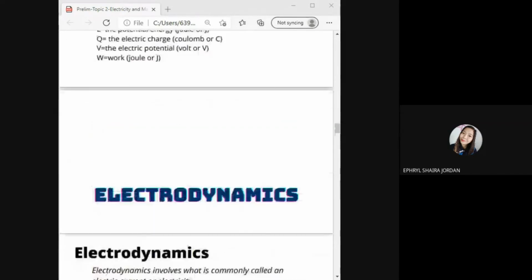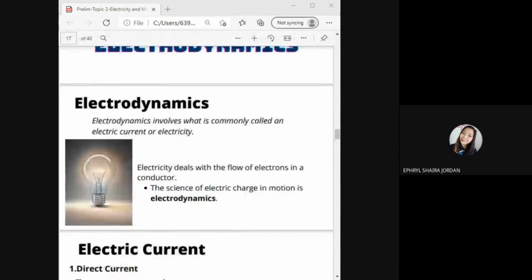Electrodynamics. Electrodynamics involves what is commonly called an electric current or electricity. Electricity deals with the flow of electrons in a conductor, and the science of electric charge and motion is electrodynamics.